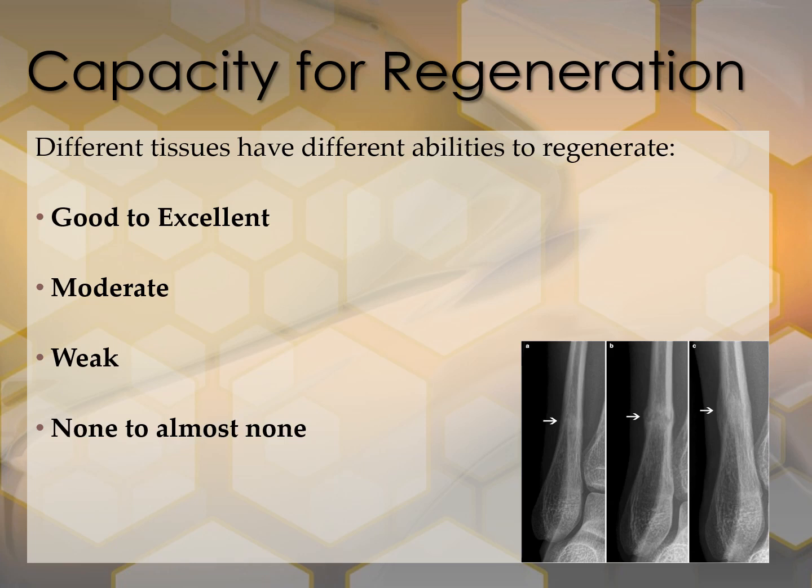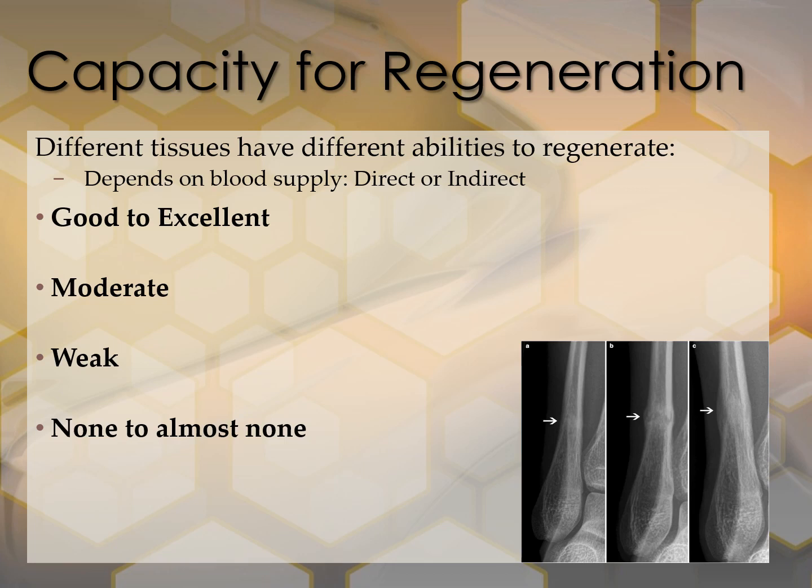So now, how good is all this tissue at regenerating, at healing, right? So we talked about the 4 different tissue types. And we said already that epithelial tissue is really good at regenerating. And what does that have to do with? It depends on the blood supply.